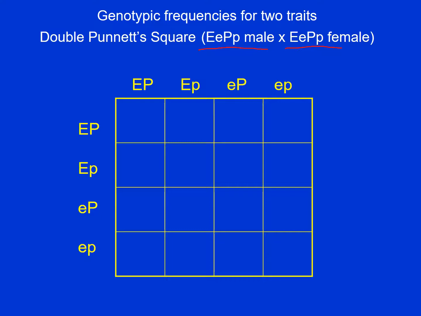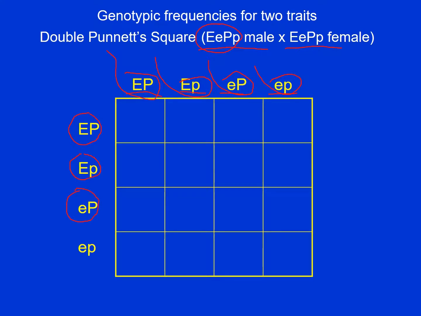If you remember previously in this chapter, we said that if an individual is heterozygous for both traits, we have four possibilities as far as in the gametes. So we have the sperm on top here, and we have the possibilities in the eggs on the side.